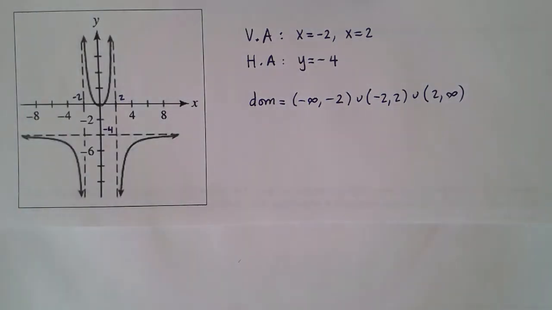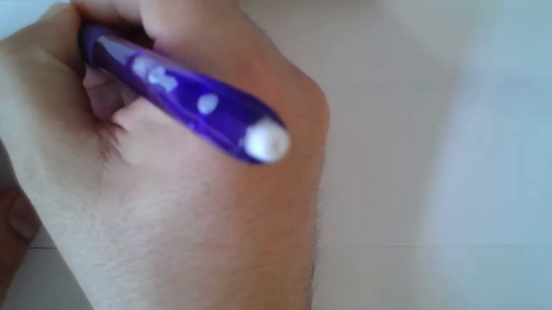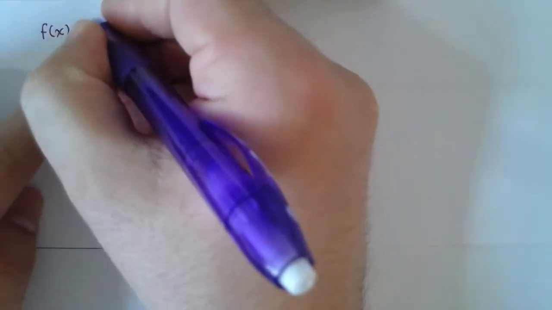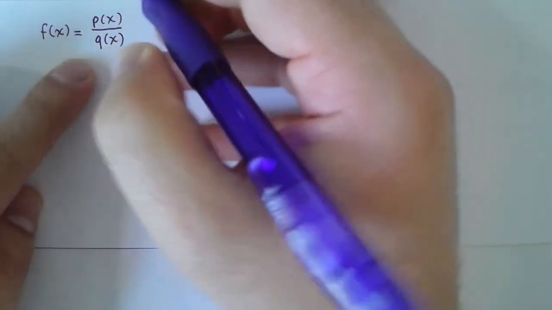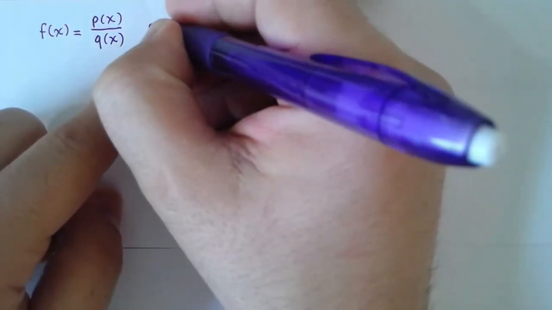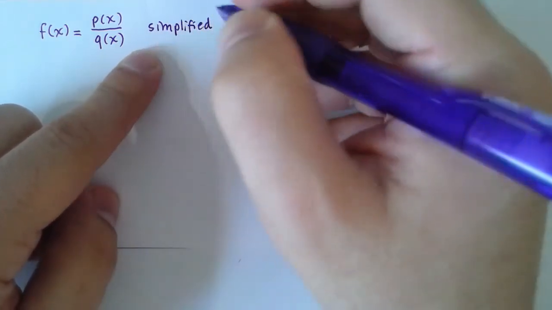This is when you simply have a graph. Now what happens if we have an algebraic expression? If you have an algebraically given function f of x equals p of x divided by q of x, this needs to be in simplified form. So you've simplified as much as possible.